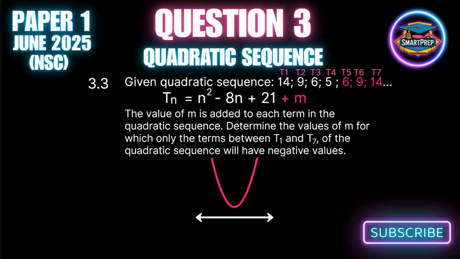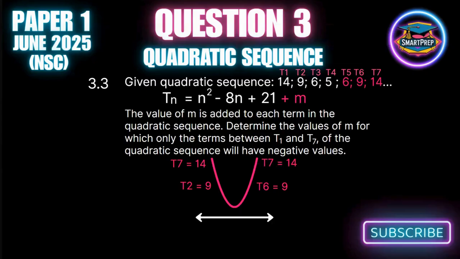We can imagine our parabola above the x-axis, and now we want to bring it down from positive to negative, where t2 to t6 become negative. All right, so t1 is 14 and t7 is 14.